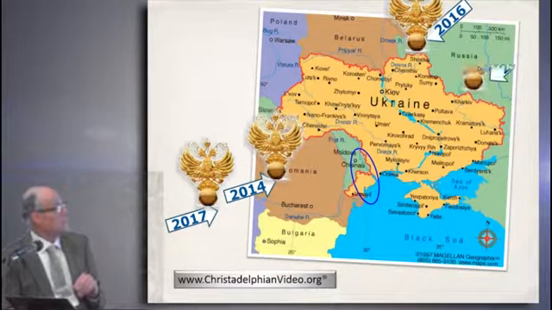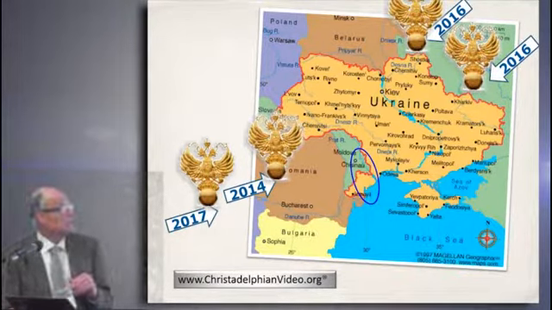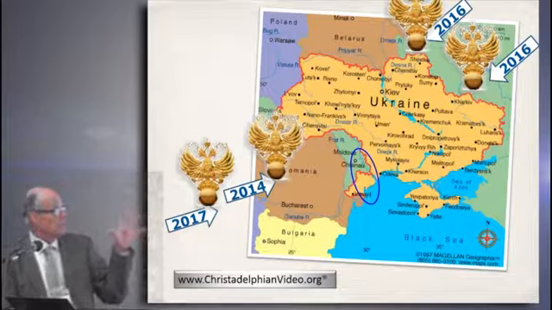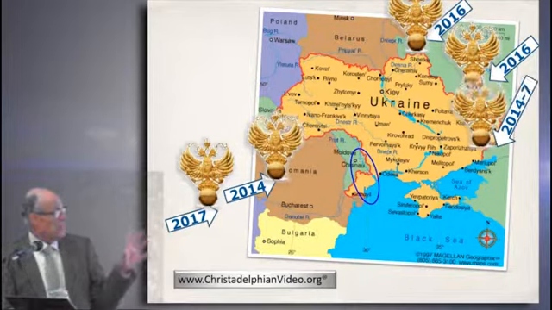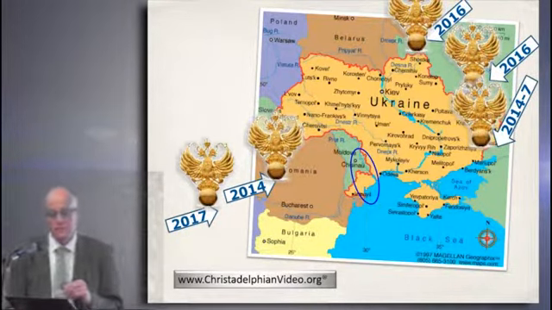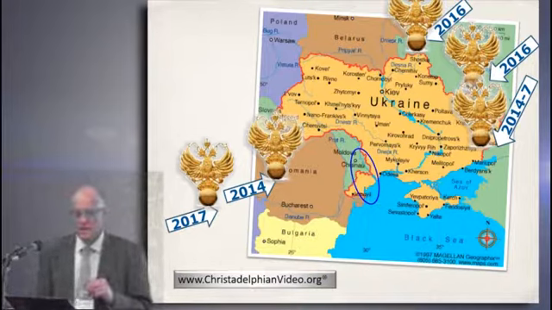And again in 2016, an old existing base was very much enlarged, so that Russian troops could be in big quantity on the northern border of Ukraine. We know in 2014 and to this year that Russian troops have taken over the eastern part of the Ukraine and established a military presence there.